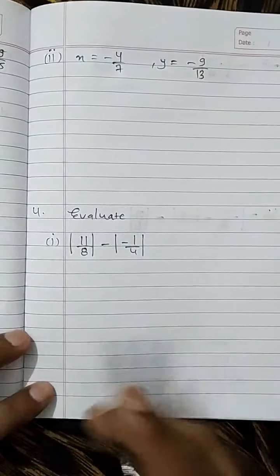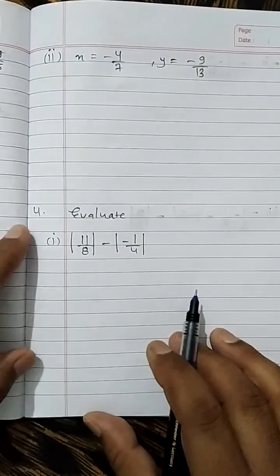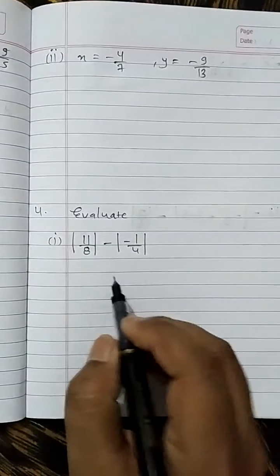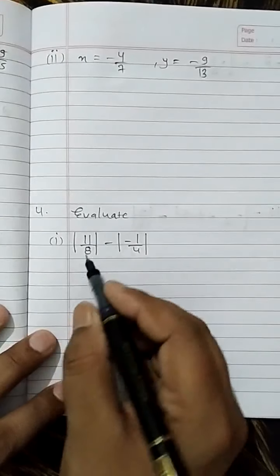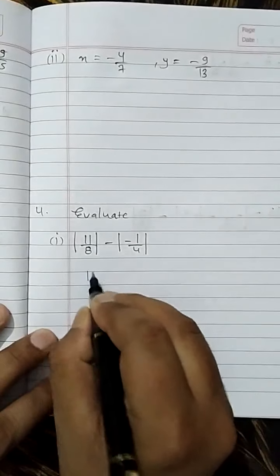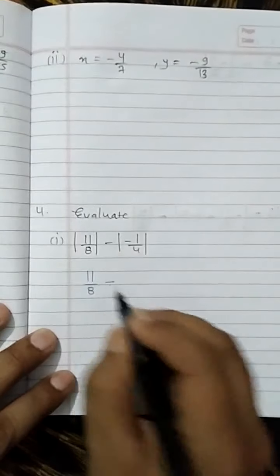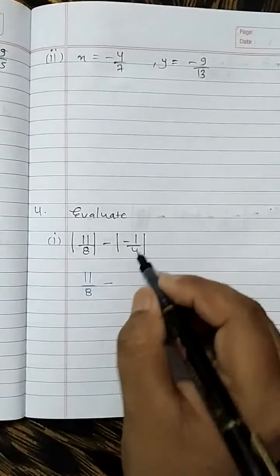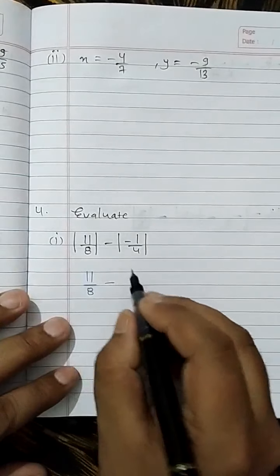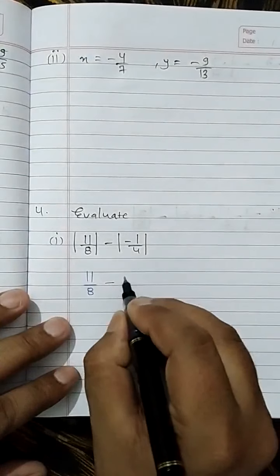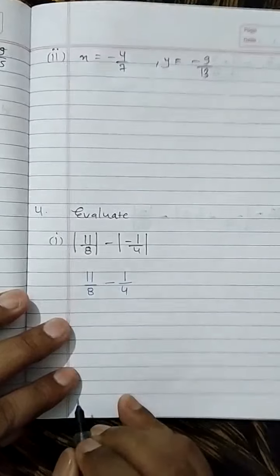Okay, now our fourth question is evaluate. When this 11 upon 8 comes out of this absolute sign, it becomes 11 upon 8 itself. This minus sign comes here. When this negative rational number comes out of the absolute sign, it becomes positive 1 upon 4.